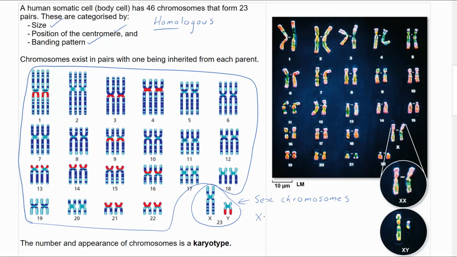If an individual has one X chromosome and one Y chromosome, they will be a male, whereas an individual with 2 X chromosomes will be a female. The name for the remaining 22 pairs of chromosomes that don't determine sex are autosomes.